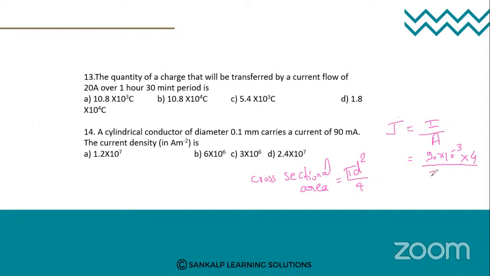The pi value is 3.142 into the diameter is 0.1 into 10 raised to minus 3 because it is in the millimeter. So the 10 raised to minus 3 will get cancelled. Remaining values you simplify, you will get option A. Option A is the correct answer.